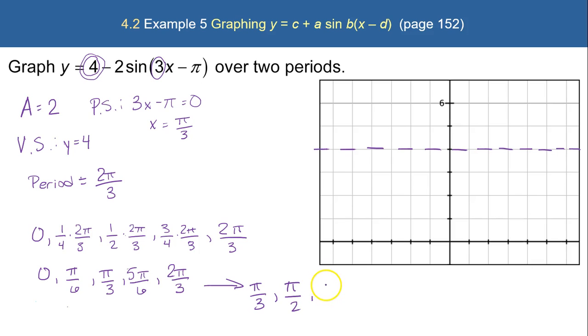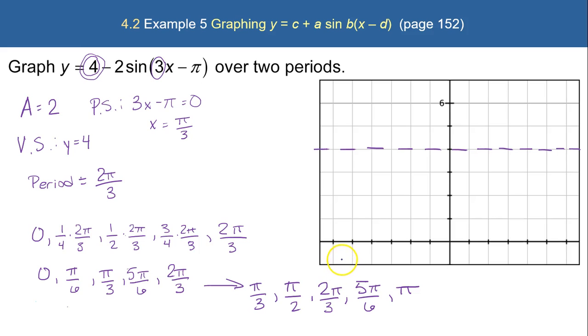And then pi over 3 to pi over 3, you get 2 pi over 3. Sorry. And then 5 pi over 6 will be the next one. And then the last one is pi.